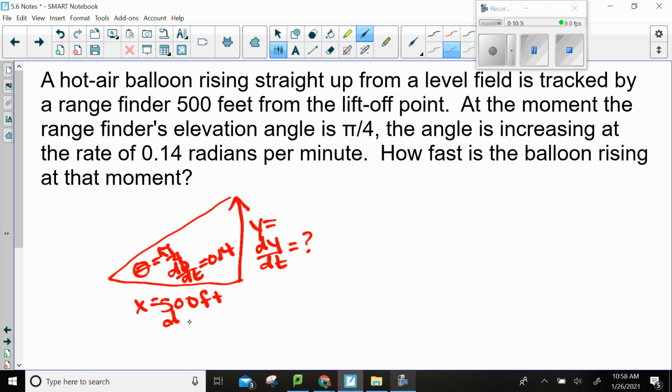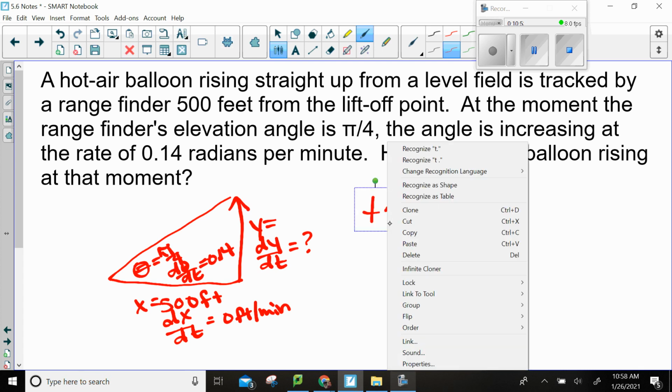We know this, by the way, is not changing. It's 0 feet per minute, and this is radians per minute. I just ran out of space. So how are these related? Well, I have the opposite over adjacent, so that is my tangent.